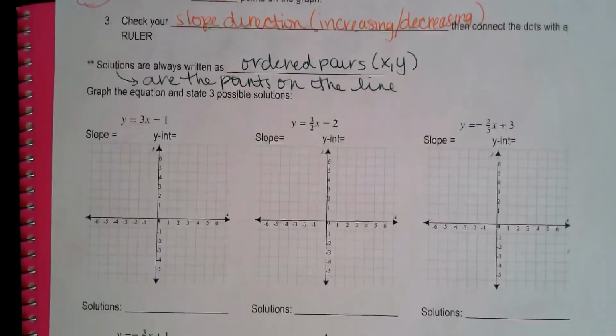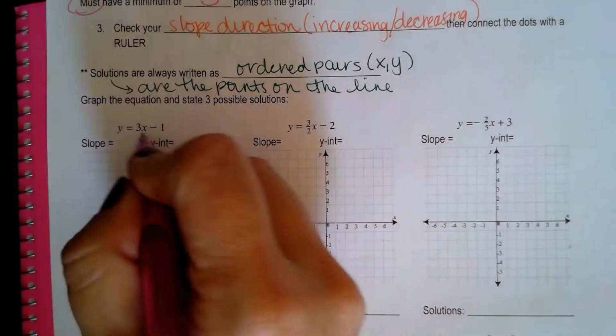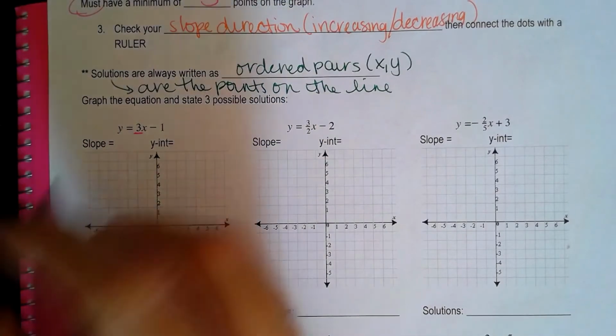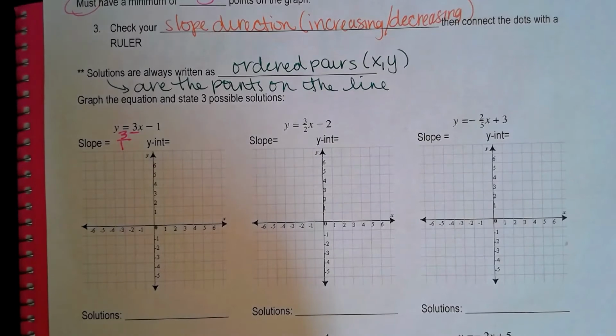So let's jump right on into it. When we look at our first equation, we have y equals 3x minus 1. So our slope is 3, or we can write that as 3 over 1, because remember, we want to have directions.